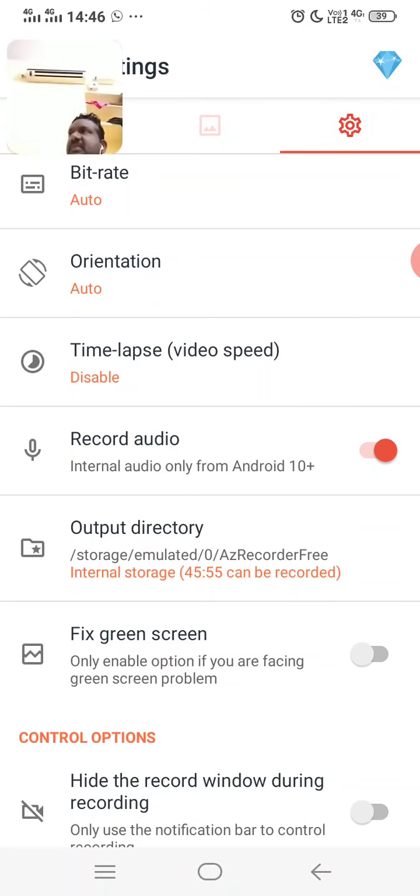Okay, this is all about the optical flat.